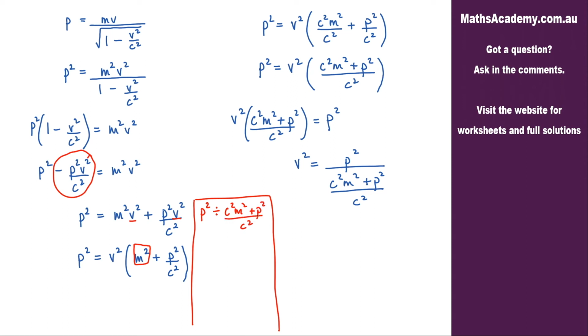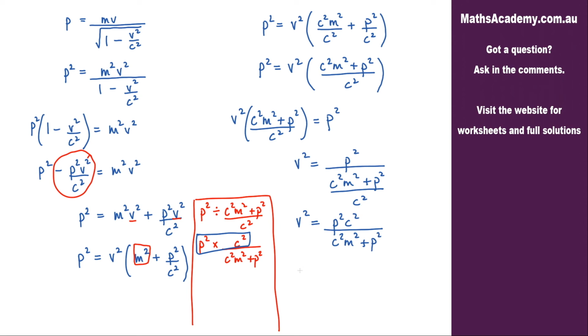And when we're dividing by fractions, the rule is that you change it to a multiplication and flip the second fraction. So c squared over c squared m squared plus p squared. So what that's going to give me is that v squared is equal to the p squared c squared. So this bit here, p squared multiplied by c squared, and that is over c squared m squared plus p squared.